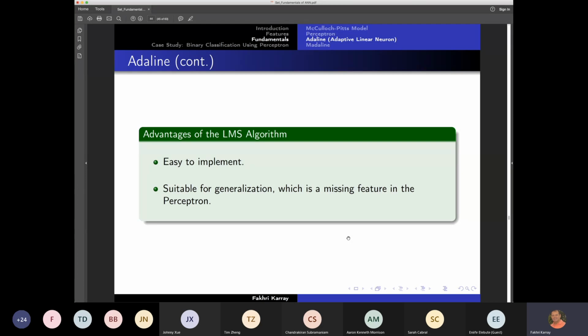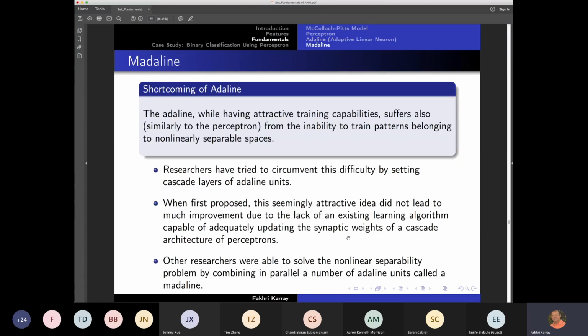So if the data is non-linearly separable, then the Adaline is not going to provide us with the boundary that is going to separate between the two classes. So let's look at it again. Shortcoming of the Adaline.